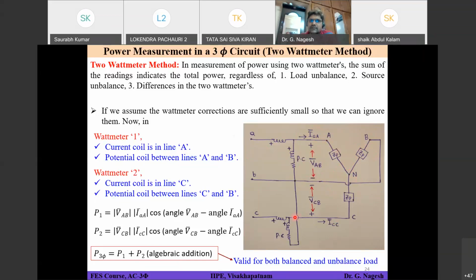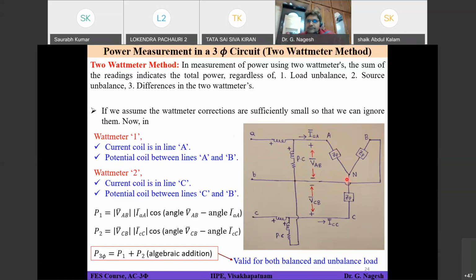But this is a scenario where, by using 2 wattmeters itself, I am trying to calculate the total power. That means I am trying to reduce the number of wattmeters required and still reach my objective of measuring the power. In that case, you can't connect in that fashion because you are always with only 2 wattmeters. So this is the method they are adopting, and you will observe that the reading of W1 plus W2 will be the same as the total power consumed by the load.